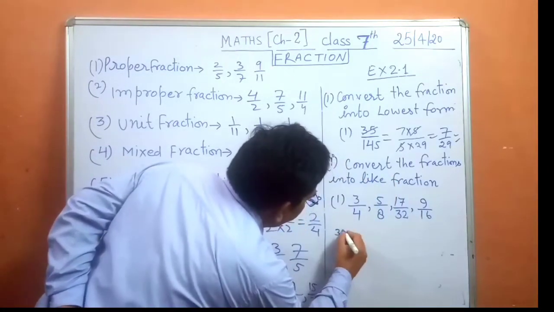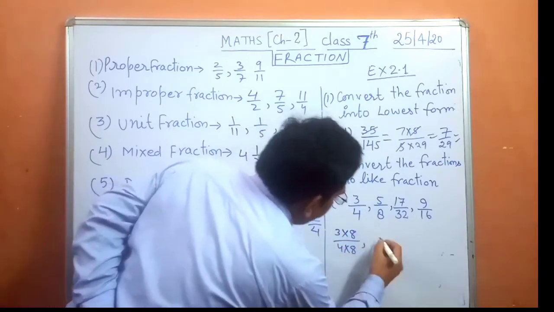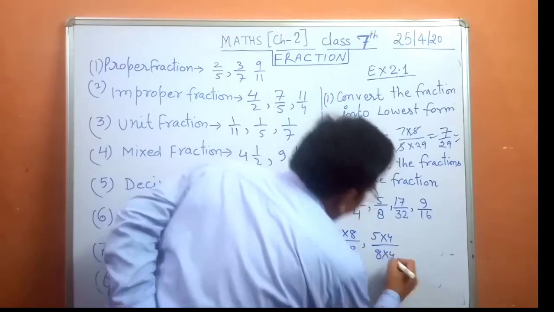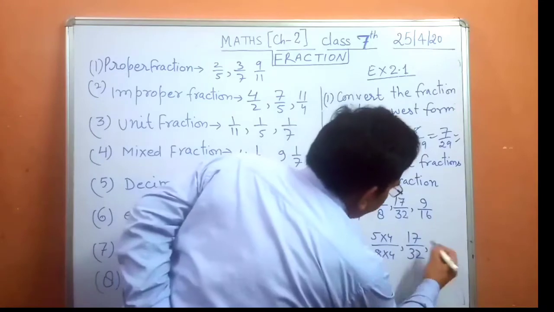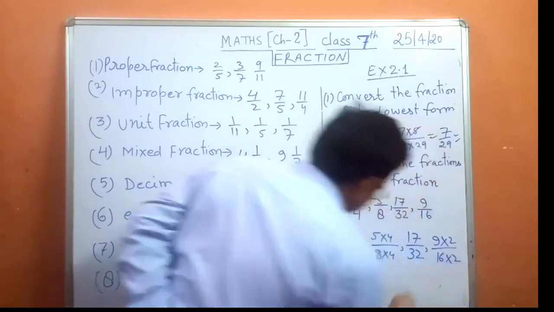Now multiplying 3 by 8, 4 by 8, 5 by 4, 8 by 4. There is no need to multiply for one because it already has 32. 9 multiplied by 2 and 16 multiplied by 2.